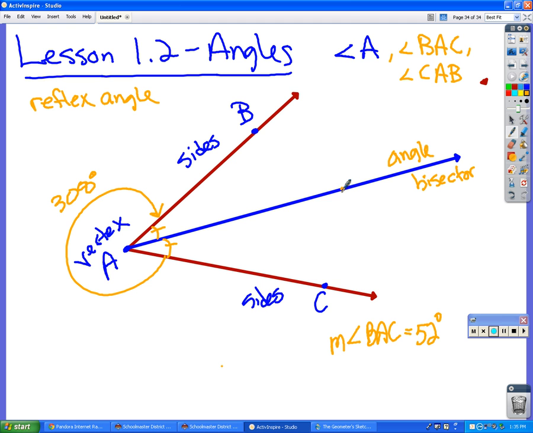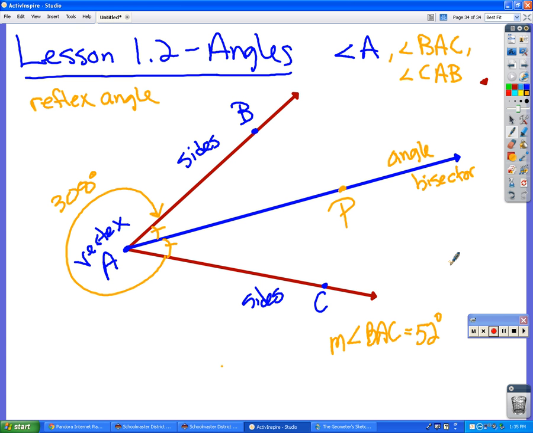Now I am going to put a dot on your angle bisector somewhere, and pick another letter. P. Okay. Now how many angles do I have on my diagram? I've got 3. I've got the original one, and then these two halves right here. So can I call this angle A anymore? No, because if I say angle A, I don't know if you want the whole big one or one of the two small ones.